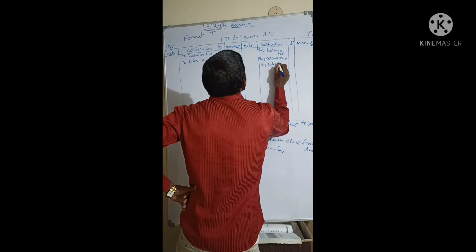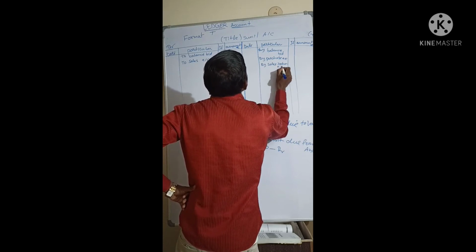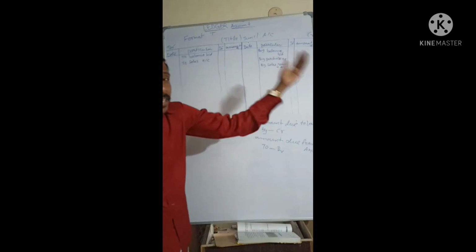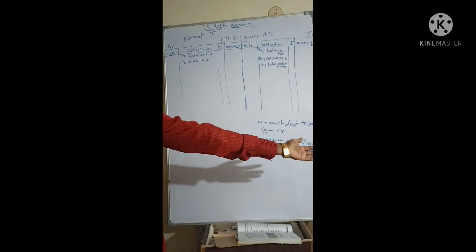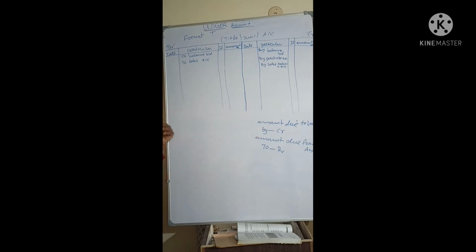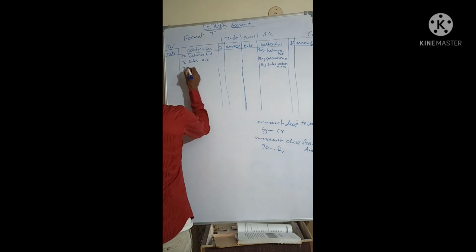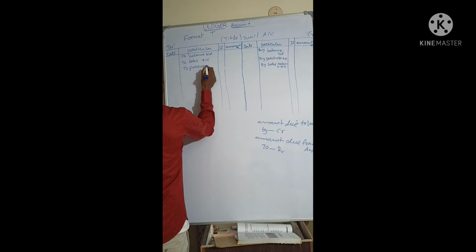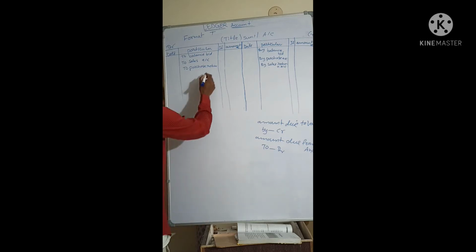Sales return account, credit side. Sales return credit side means purchase return is debit side. Purchase and sales are always opposite sides, so purchase return is the opposite side, purchase return account.